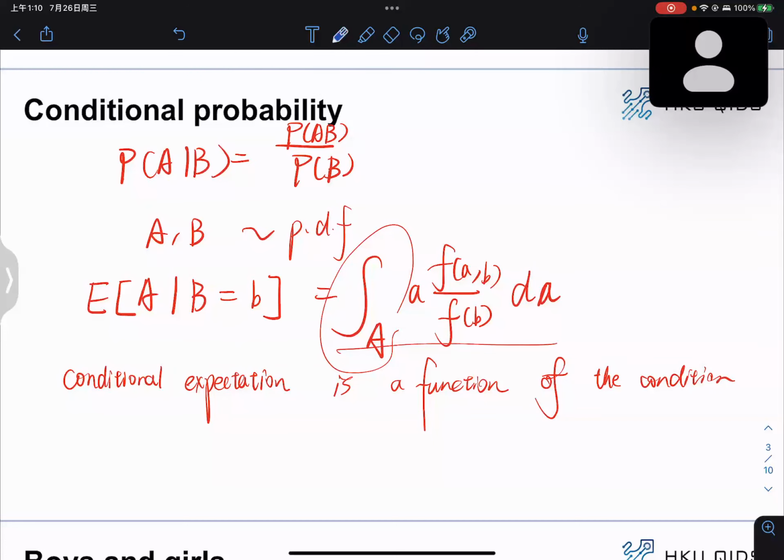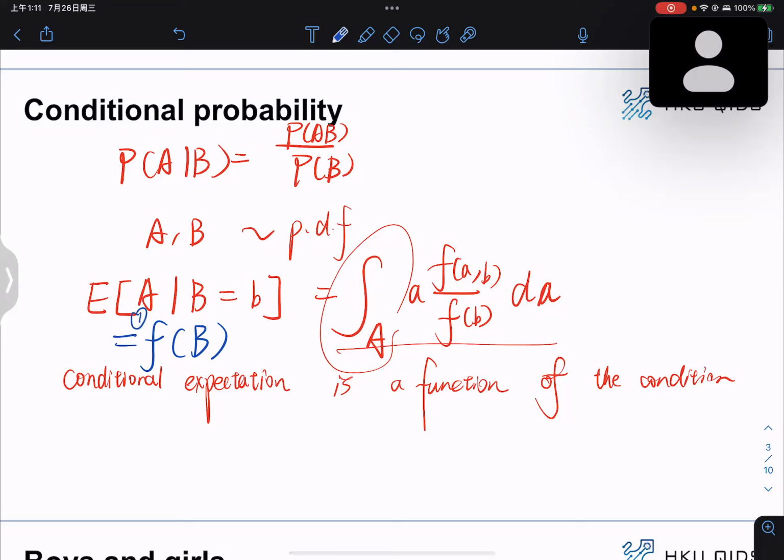For example, in our case, this E[A|B] equal to B can be rewritten as a function of B. It seems a little counterintuitive, but let me explain.